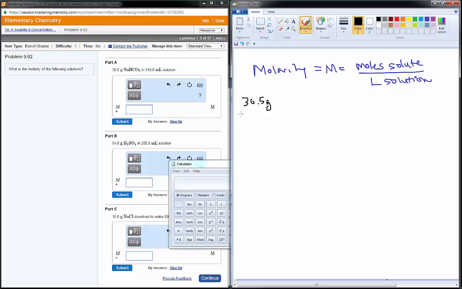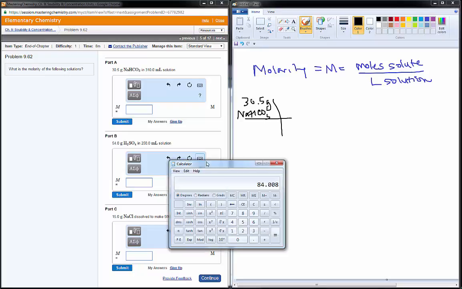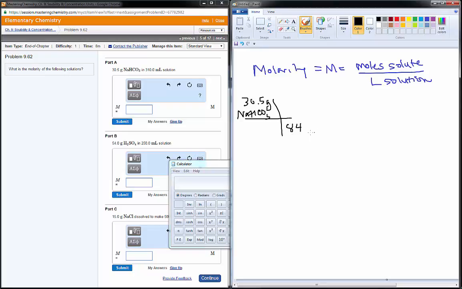So 30.5 grams NaHCO3, 84.008 grams NaHCO3 in 1 mole NaHCO3. And now I've got 310 milliliters of solution.